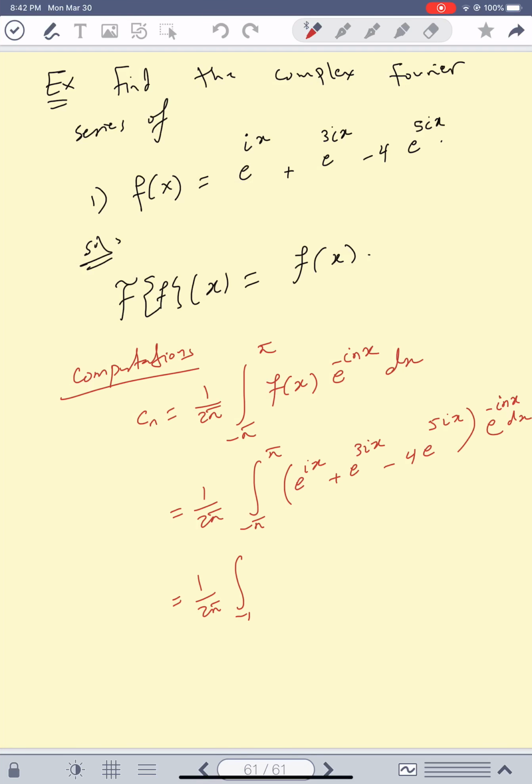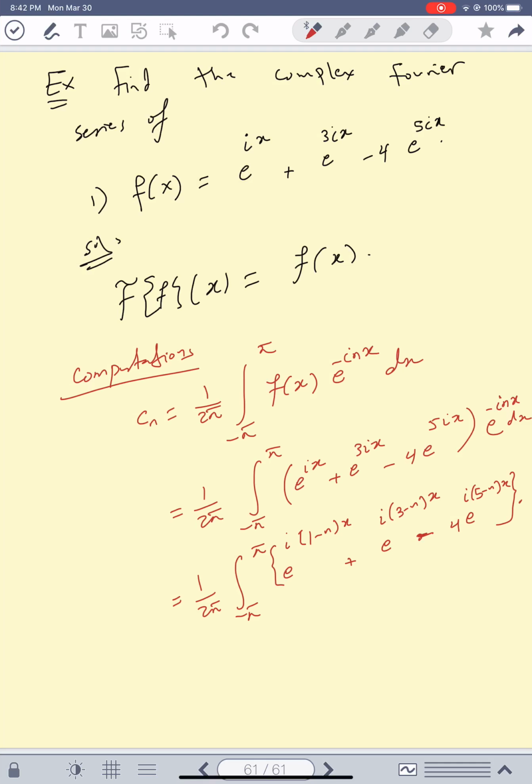If you expand the bracket, this is e to the i(1 minus n)x, e to the i(3 minus n)x, e to the i(5 minus n)x.